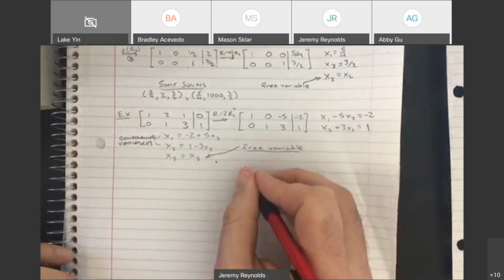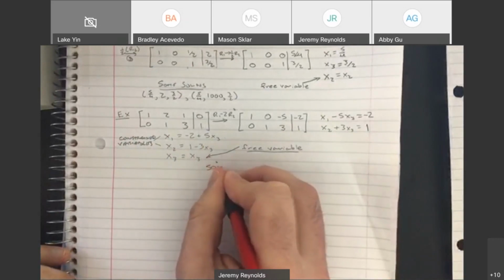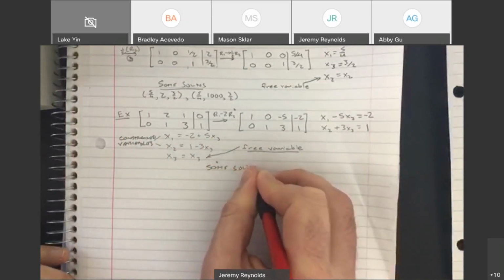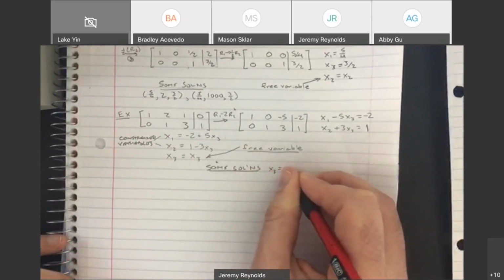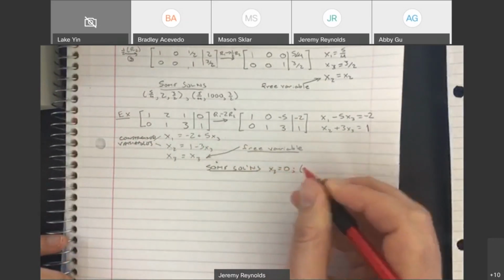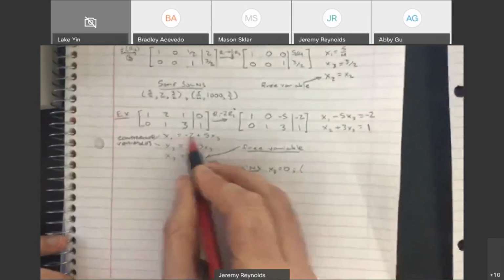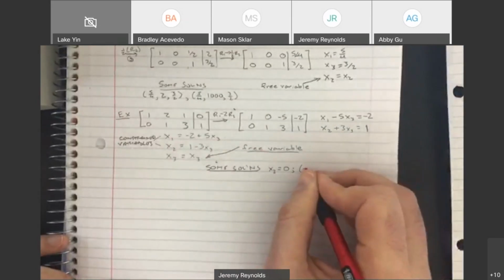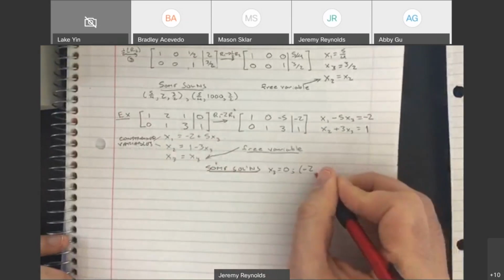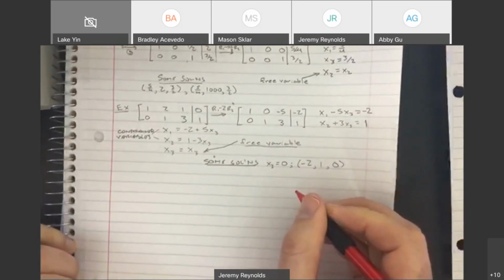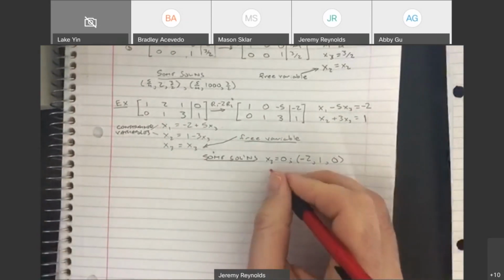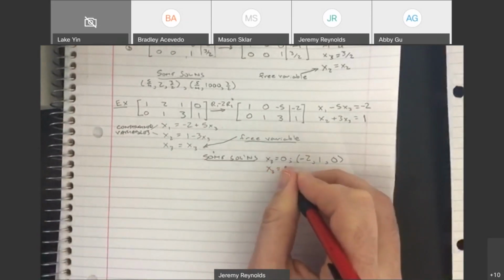So some solutions. If we were to choose x3 equals 0, then one solution would be negative 2 plus 0, so we get negative 2, 1, 0. So that's one solution. Another solution, let's say we choose x3 equals 1.